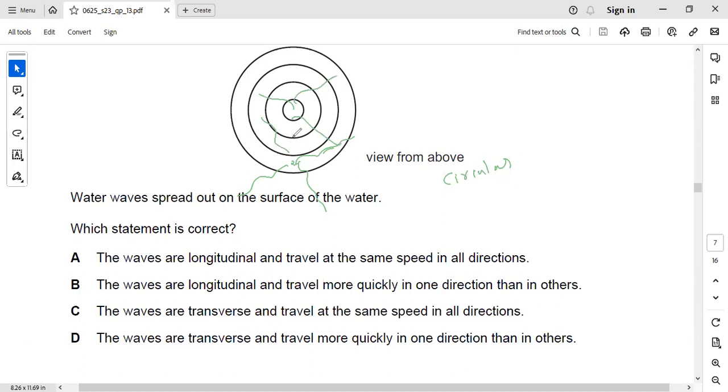And these waves are actually transverse waves. It is not a longitudinal wave. It is creating a circular wave and spreading out in all directions at the same speed. So the right answer here is C. The waves are transverse and travel at the same speed in all directions.